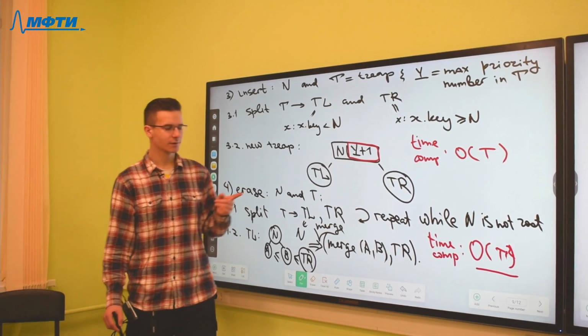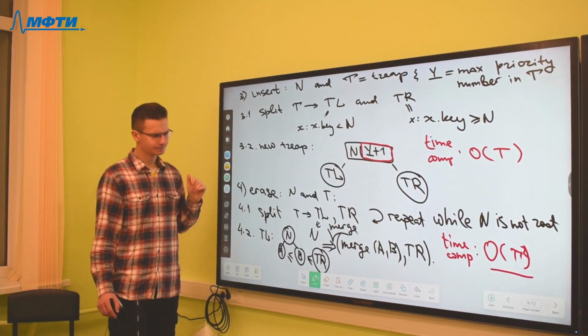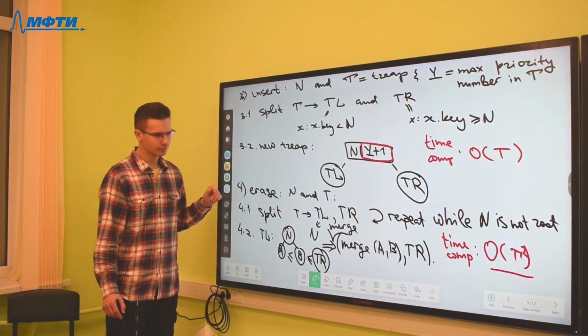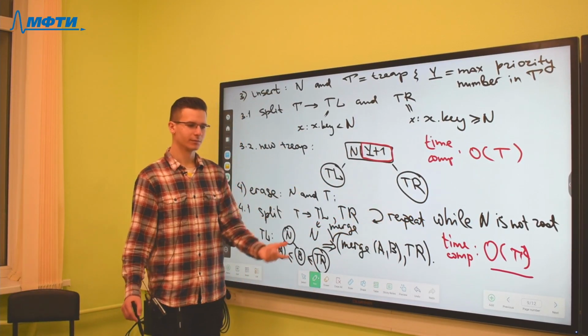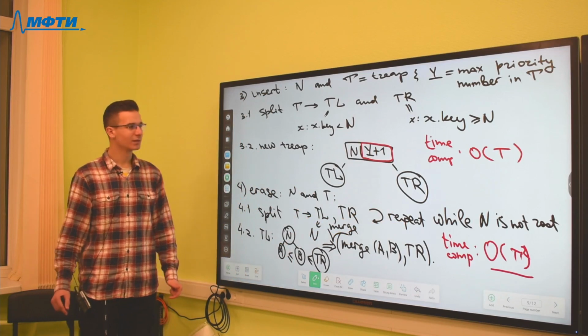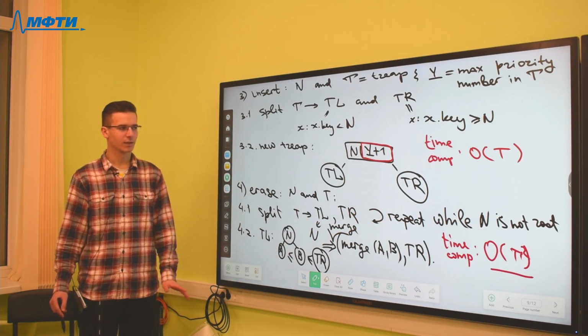So asymptotically it will be squared, but I think it's an upper bound that is very unexpected. Usually it will be near linear time too.